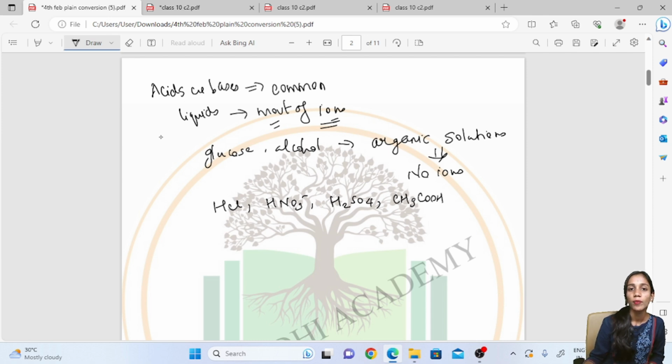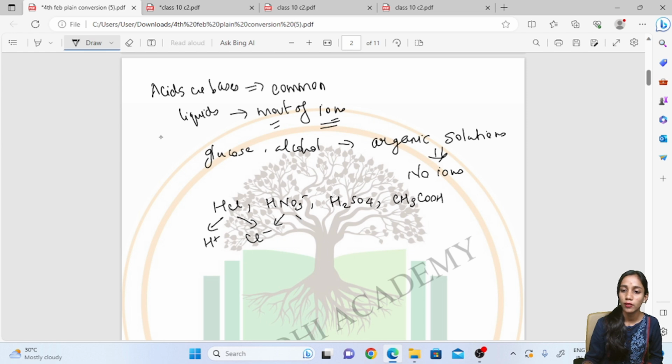all of these acids split into the cation, that is H plus ion, and the respective anions. For example, HCl will be split into H plus and Cl minus ion.